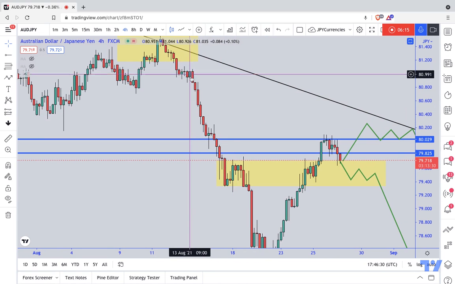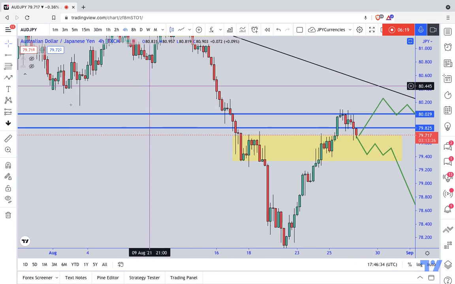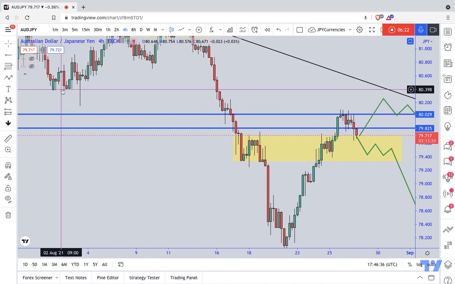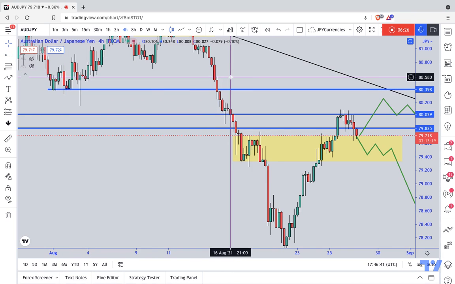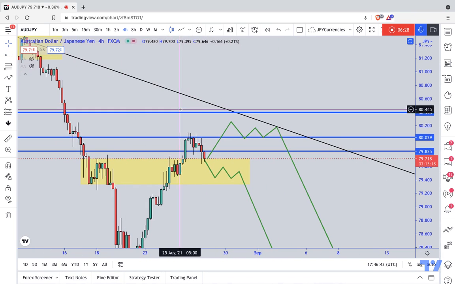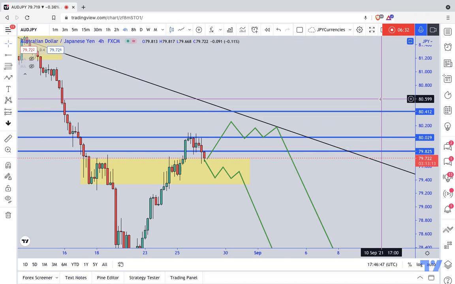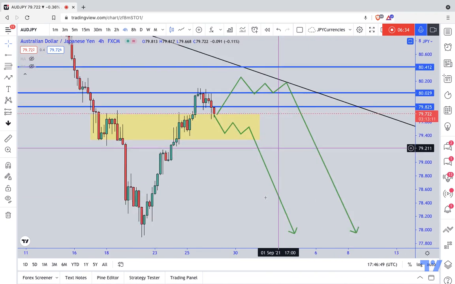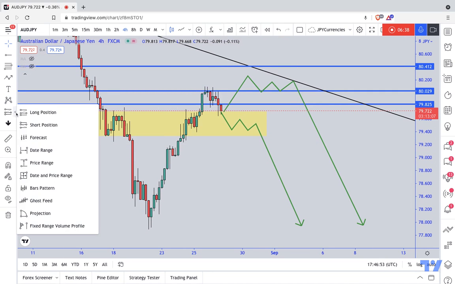There's only this one here, but it's too far. I don't think price will go there. So maybe just your stop slightly above this 80.40 level. Okay, so these are the two outcomes I can be looking at right now.